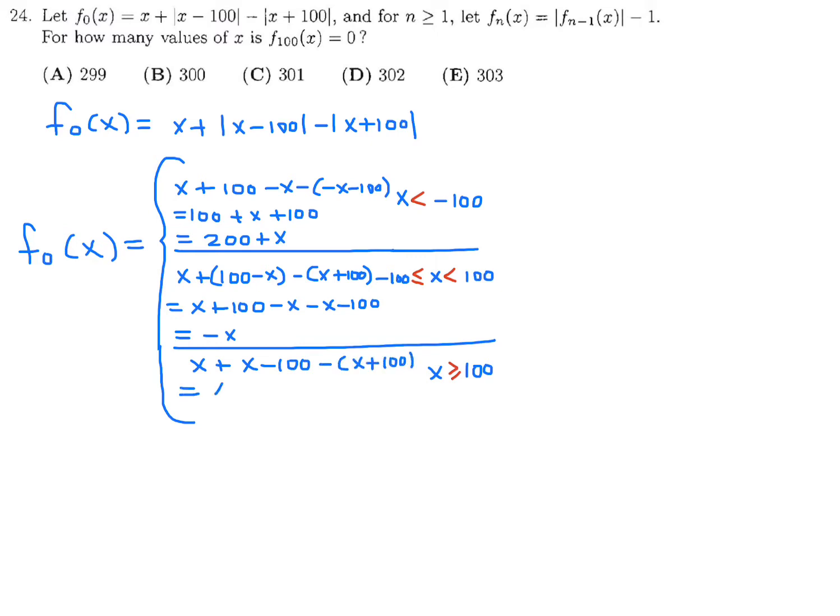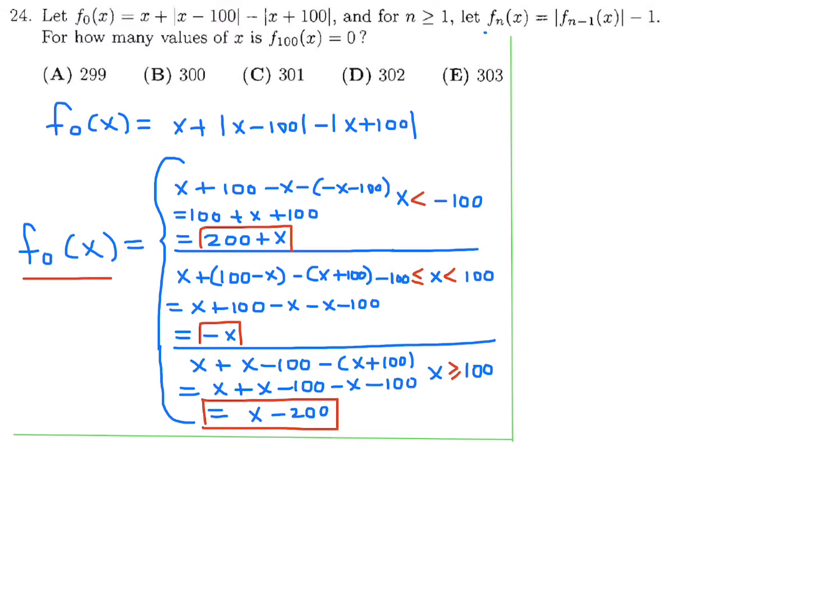And this simplifies to x plus x minus 100 minus x minus 100. And that becomes just x minus 200. So there we go. Those are our three values for our three different intervals for f0 at x.